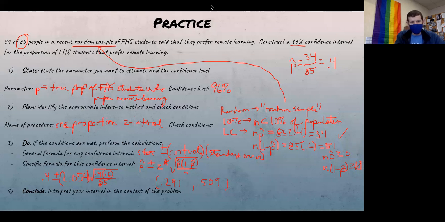So anyways, let's jump to the conclusion now. The conclusion is always just a sentence or two. So we will write this one. You can write it as a we statement.